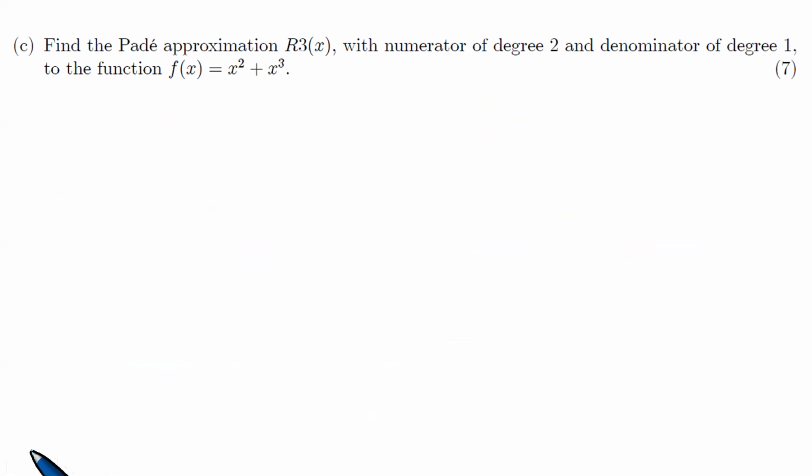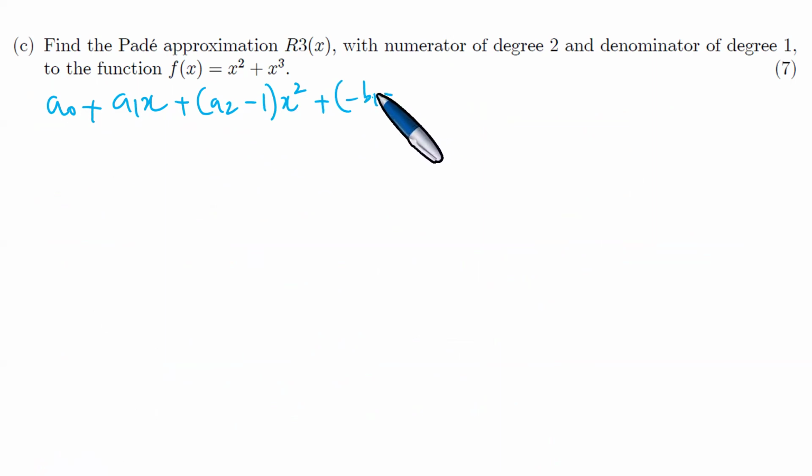So now you then have a0, a1x, (a2 minus 1)x², (b1 minus 1)x³, x to the 4th power equals 0.